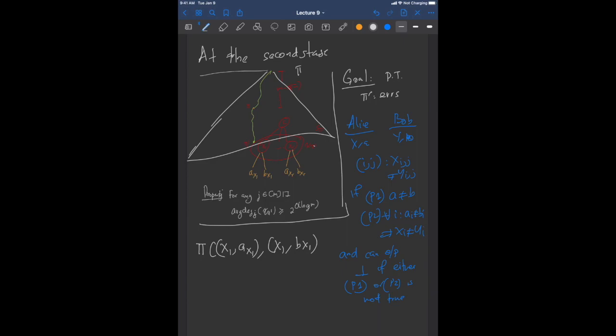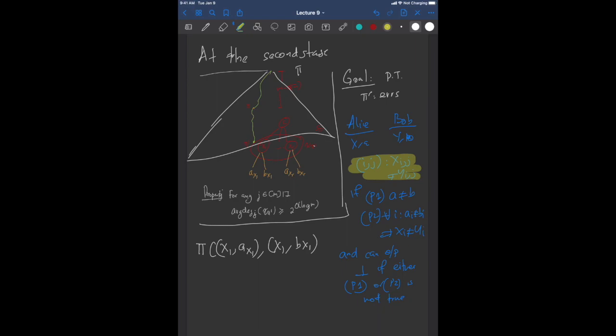Could they have found an index ij where xij is not equal to yij? No, because x and y are the same matrix x1. So there's no way they can output an index ij and be correct.